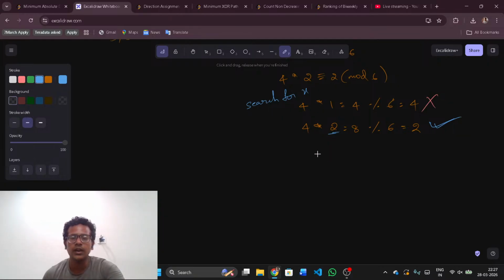Now let us try a is equal to 3, b is equal to 4, and m is equal to 6. Now 4 into x should be equal to 3 mod 6, right?